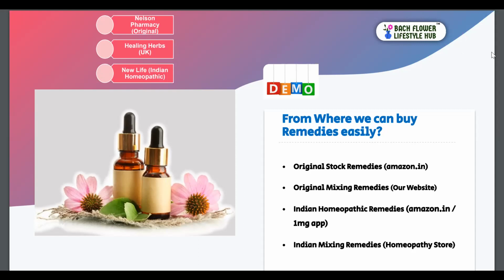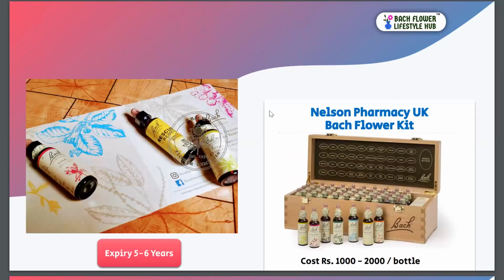You can go there and tell them that you need these 4 or 5 remedies, and they will give you the preparation by mixing it. It does not require any prescription. There are also websites like HealthMug that sell these remedies in the Indian market. So these Indian remedies are very affordable, I would say very cheap in terms of cost.